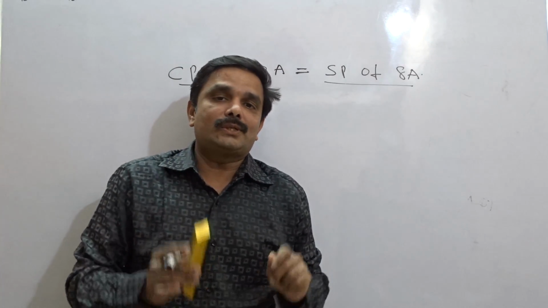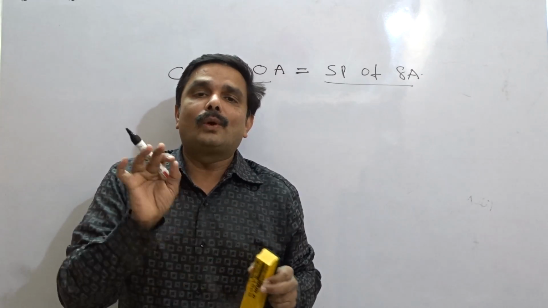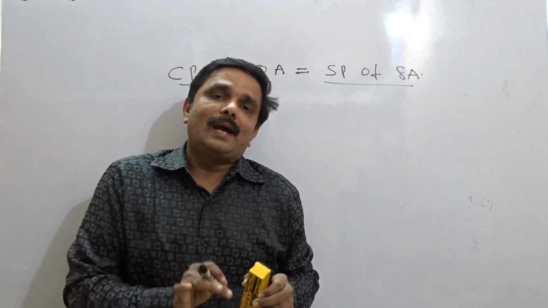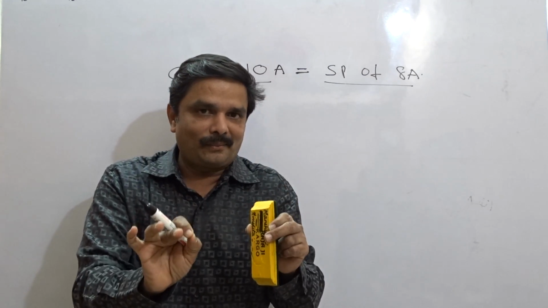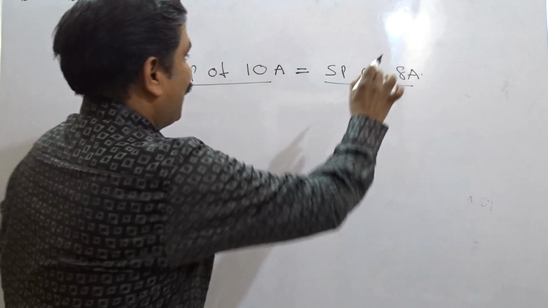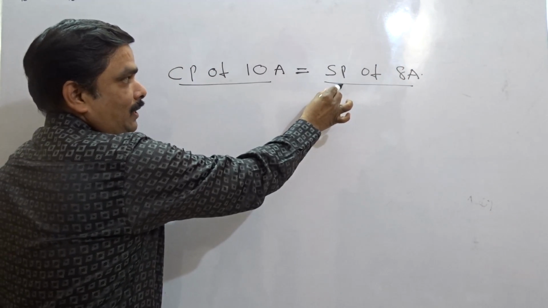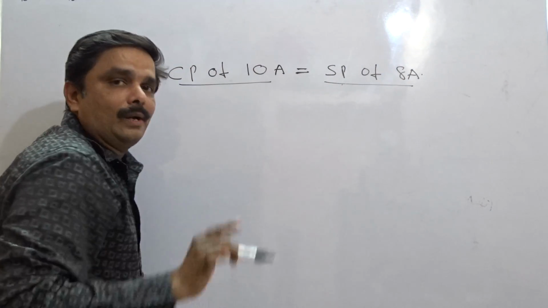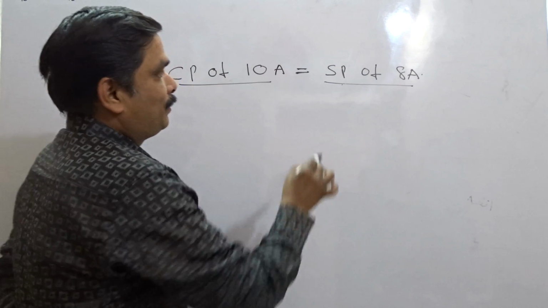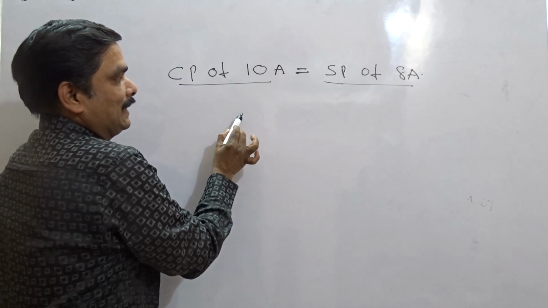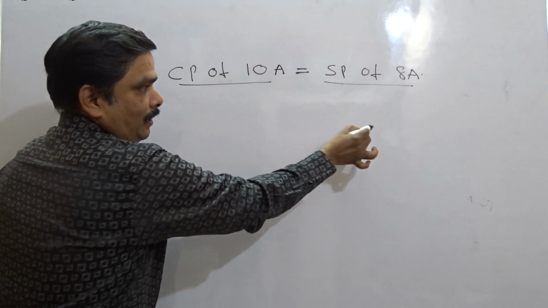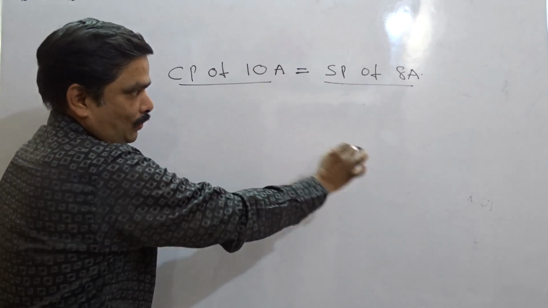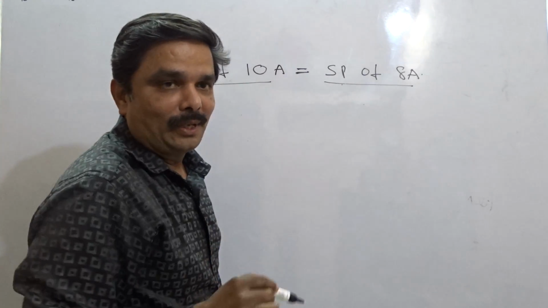This type of question, if you think a little carefully, you can do very easily. I'll give you the best method, the simple shortcut. But before that, I would like to solve this question with the method we used for the previous question. What was the method? Purchased some articles for this price, sold some articles for the other price: cross multiplication. I'm going to use the same cross multiplication here.